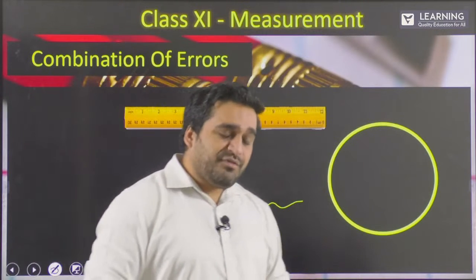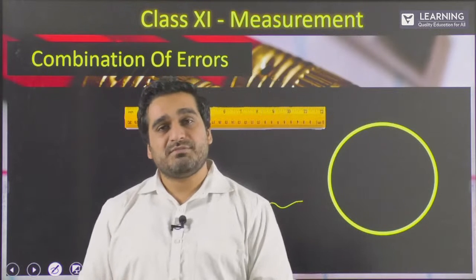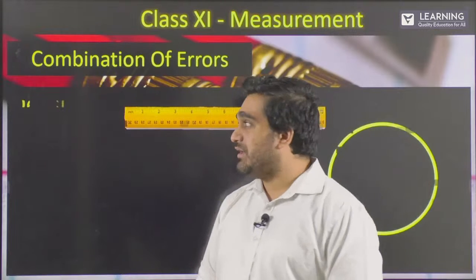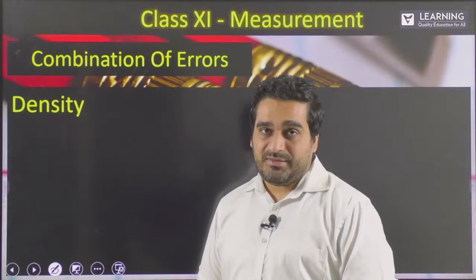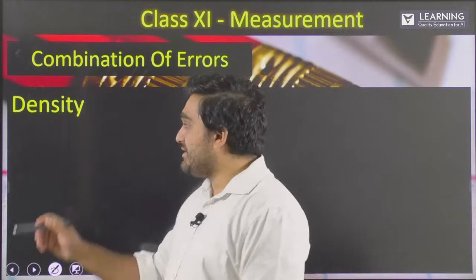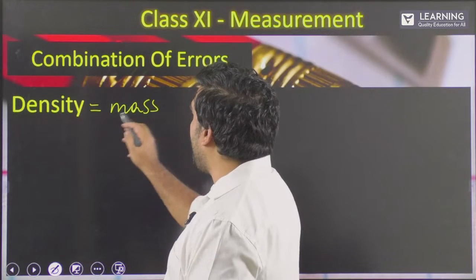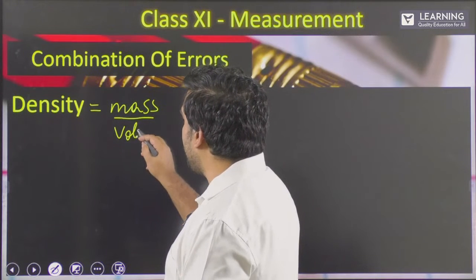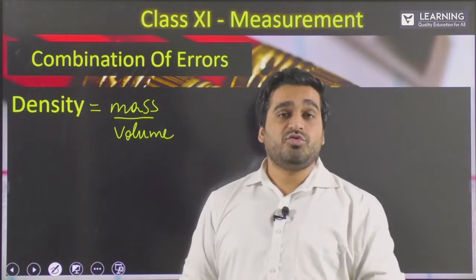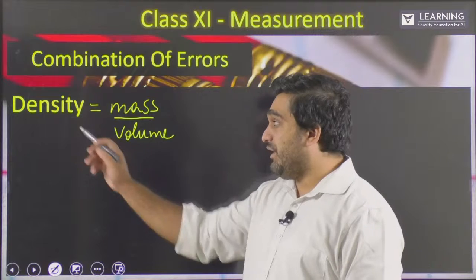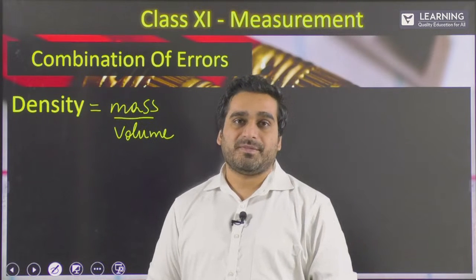Now, apart from this measurement for a circle, we also have measurement for different physical quantities, and one such example is to identify density, where density is defined as the ratio of mass by volume. So here you have to measure two other factors to identify density, that are mass and volume.